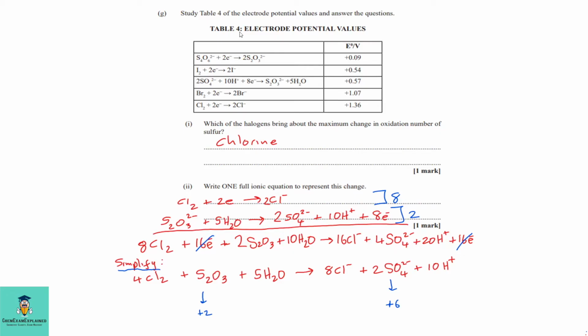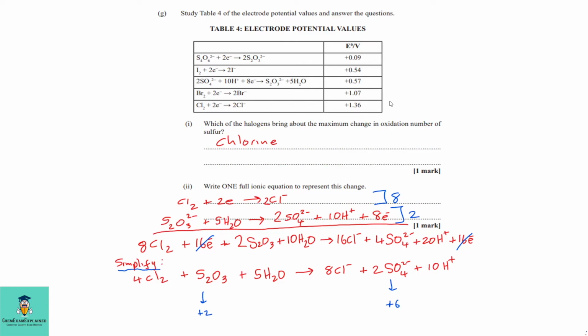So examining the table, we see where we are given electrode potential values for some half equations. Now we must know that the more positive the electrode potential values, then the stronger of an oxidizing agent the elements will be. So in this case, chlorine would be the strongest oxidizing agent, and therefore it will bring about the maximum change in oxidation number of sulfur.